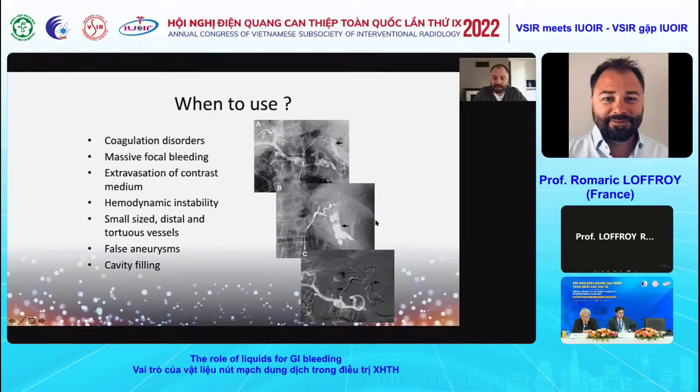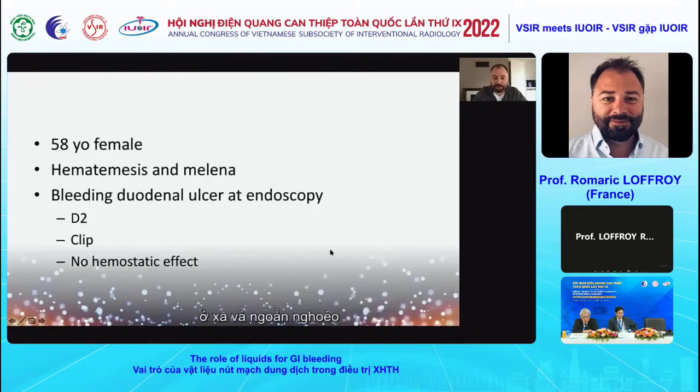There is no risk, given the important rate of collaterals in that area, and this is very easy to do, especially in case of hemodynamic instability, in case of small-sized distal and tortuous vessels, or for cavity filling.